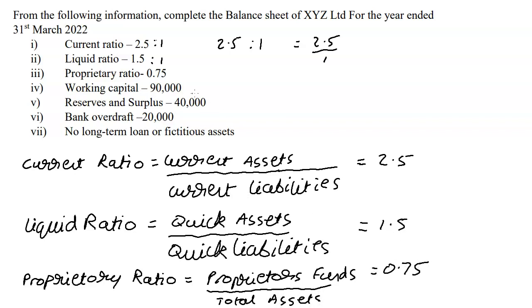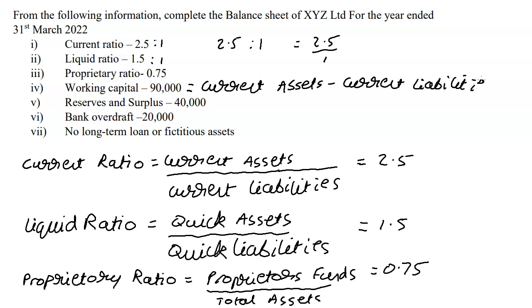Working capital is equal to current assets minus current liabilities. And reserves and surplus is given to us, bank overdraft is given to us, and they've told us that there's no long-term loan or fictitious assets. This is a simple question.